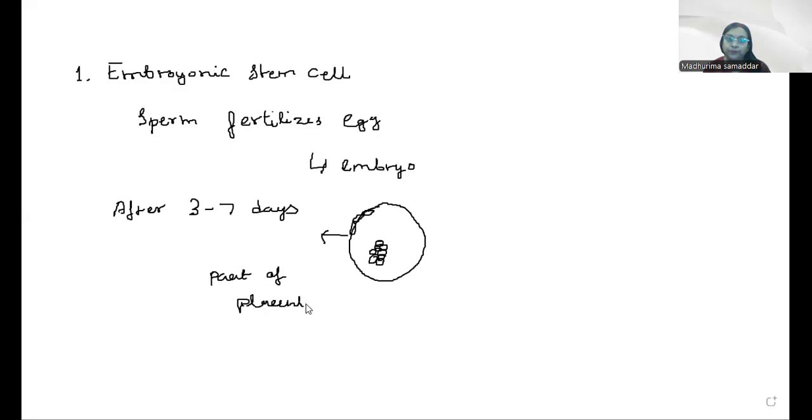And this inner mass of cell it is forming the human body. Right? Inner mass of cell forms the human body. So in this inner mass of cell only we will get the stem cell.